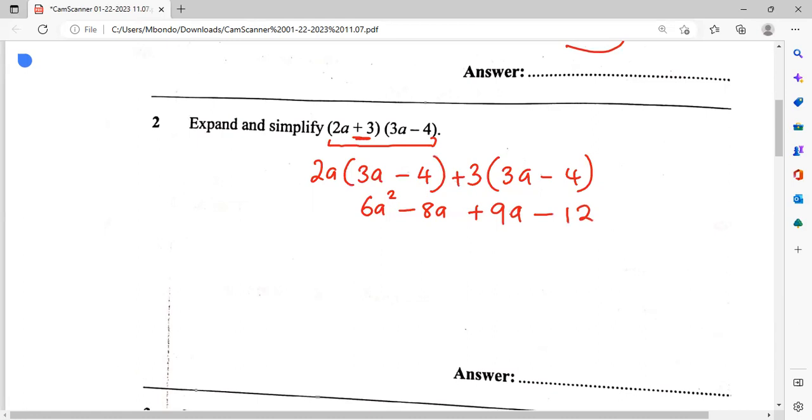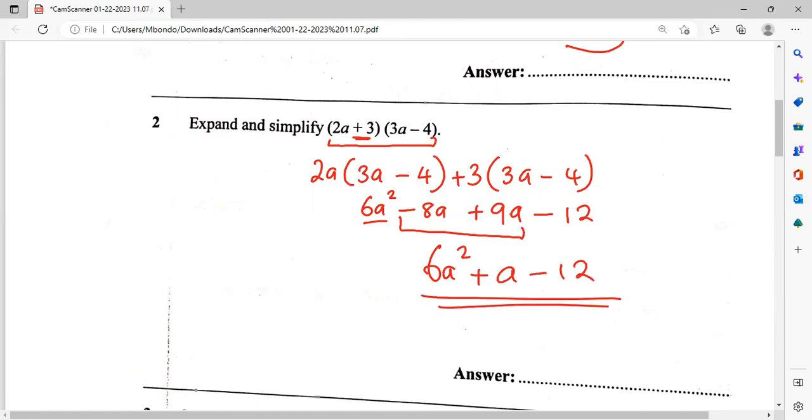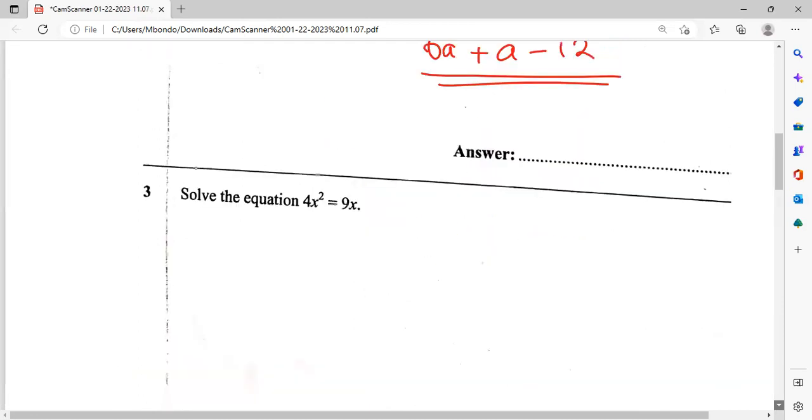Then we go down and say 6a squared. Then we simplify these like terms together. What are we going to get? We'll get plus a minus 12. This is what is going to be our answer, ladies and gentlemen, boys and girls.